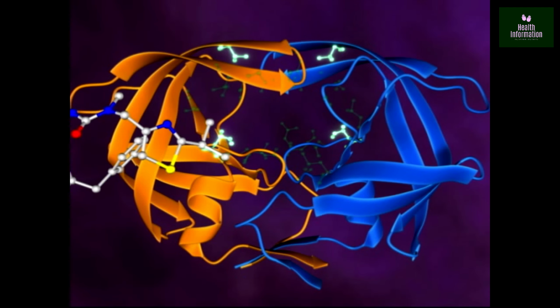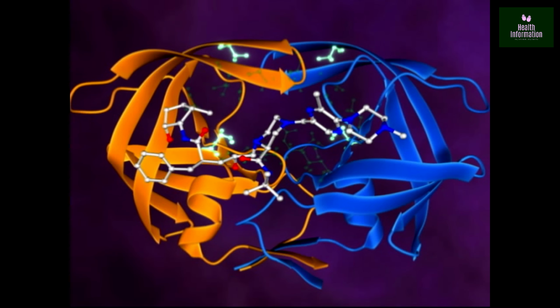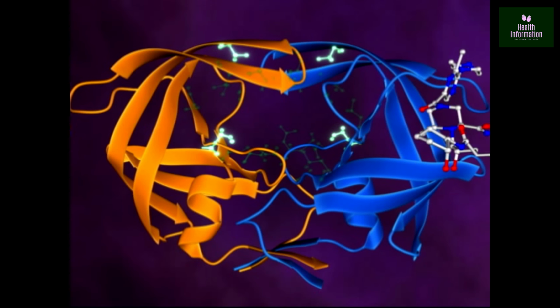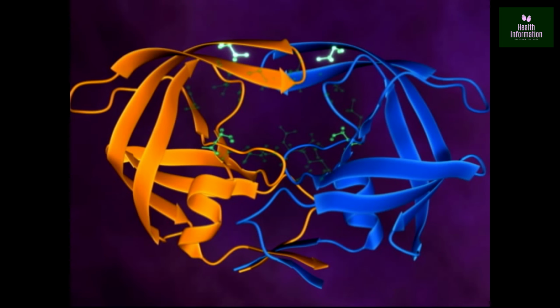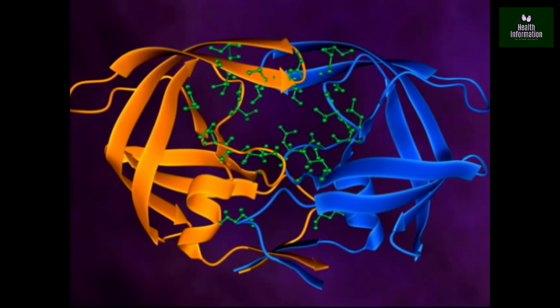This is called cross-resistance. With second-generation antiretrovirals, resistance is less likely to develop. They require the accumulation of several specific mutations to become inefficient.